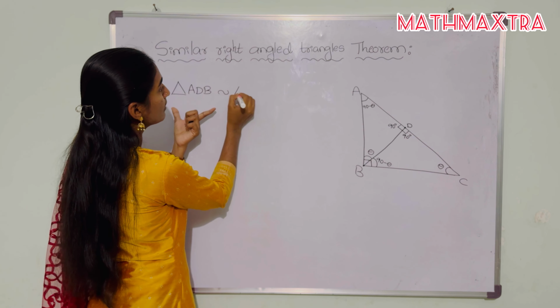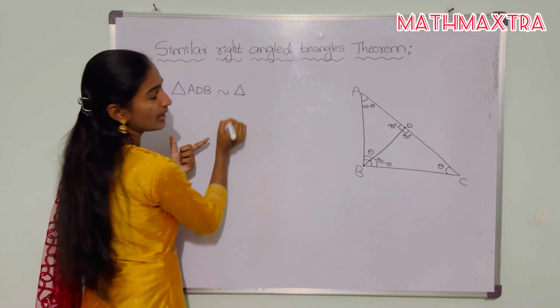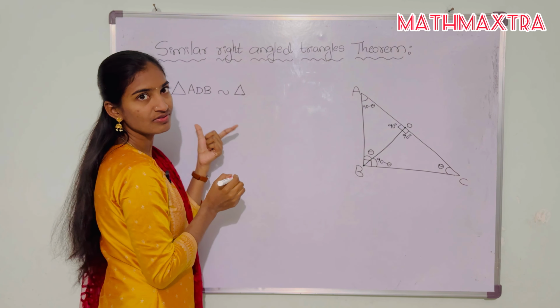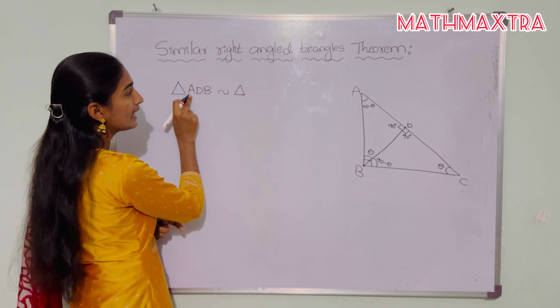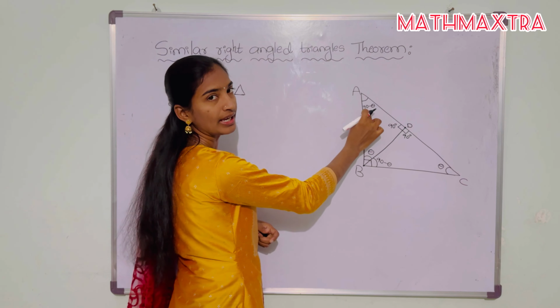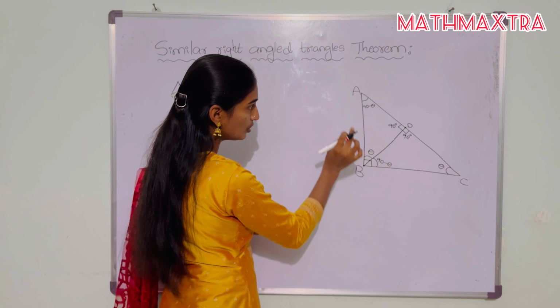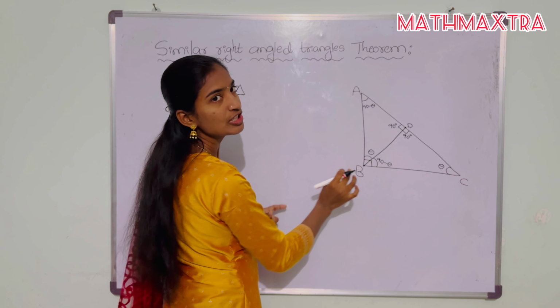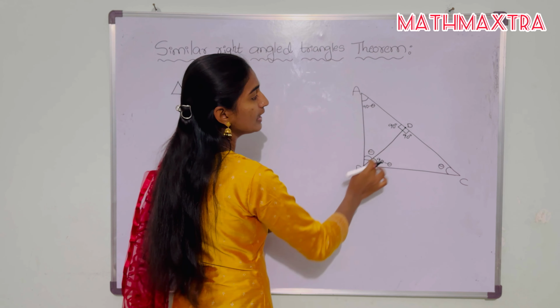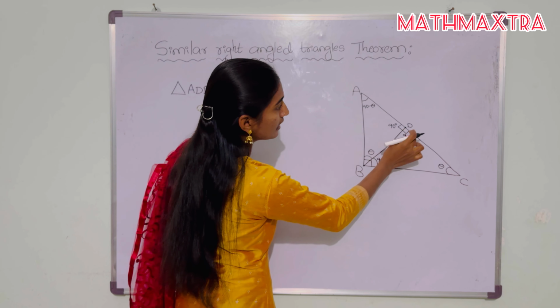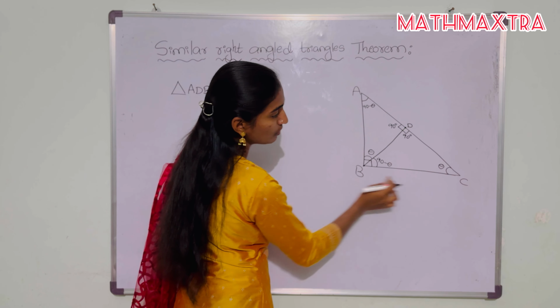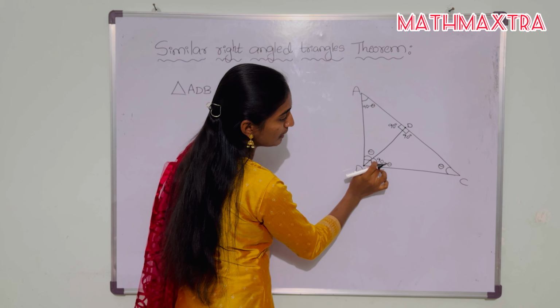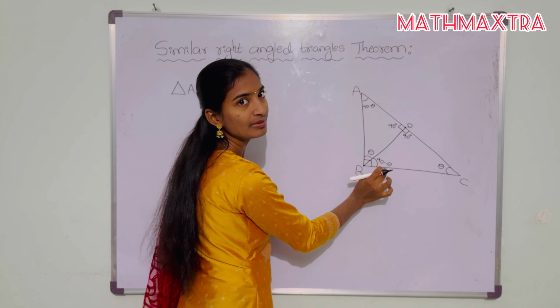While writing the similarity of triangles, the sequence is very important. Check angle A. What is the measurement of angle A? 90 minus theta. So you check which angle measures 90 minus theta in the other triangle, whether vertex D, B or C. See, here B measures 90 minus theta.